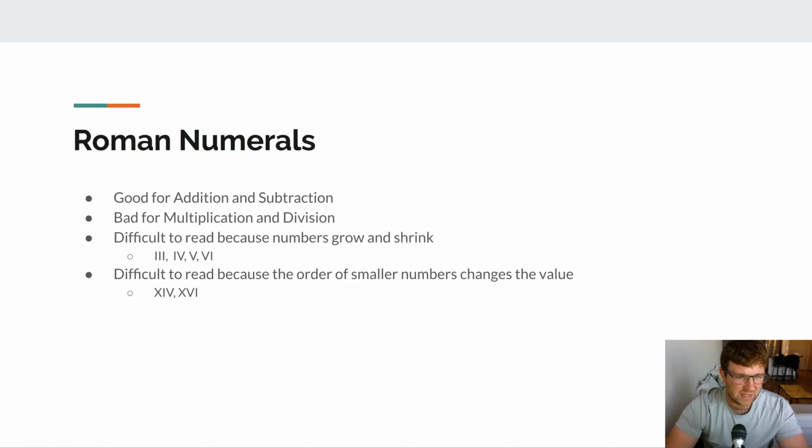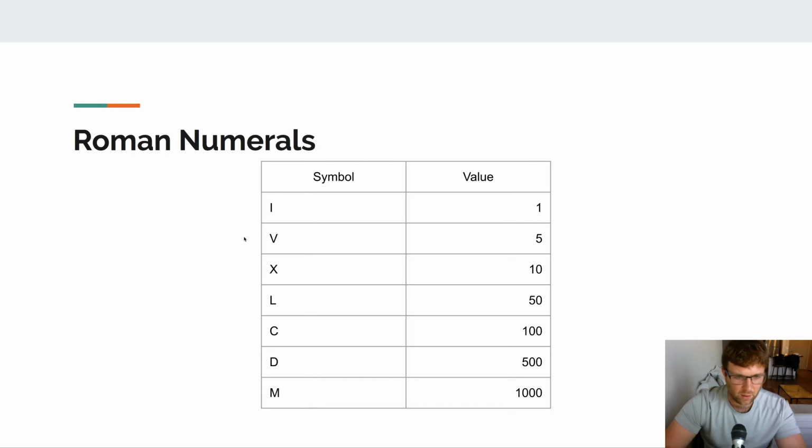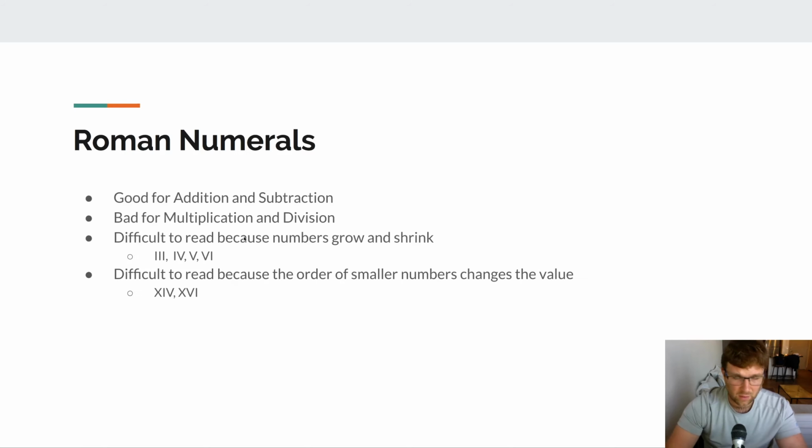Roman numerals are really difficult to read because the numbers actually grow and shrink. If you compare that with our number system, the decimal system, numbers will grow, but they never really shrink. So as we go from 3, we have 3 symbols. We go to 4, we have 2 symbols. We go to 5, we have 1 symbol. Then we go to 6, we have 2 symbols again. That's what I mean. They grow and shrink.